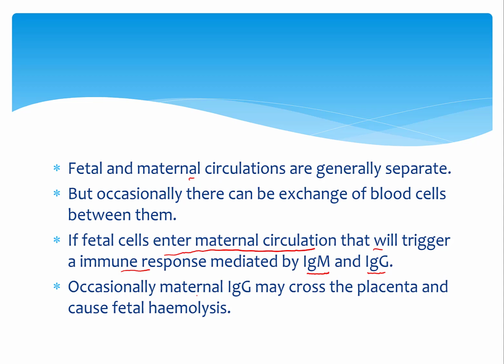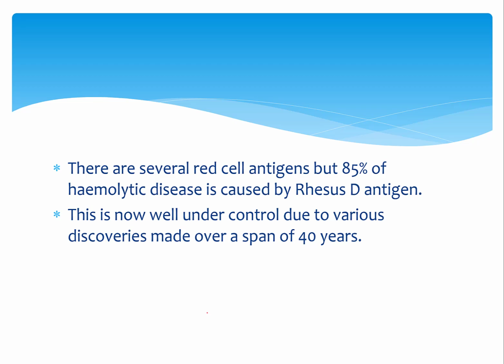And that IgG can occasionally cross through the placenta and cause fetal hemolysis, because IgG is a smaller molecule, whereas IgM is a larger molecule, generally impervious to the placenta. So the placenta doesn't allow IgM to cross, but IgG can pass through and wreak havoc at the fetal site.